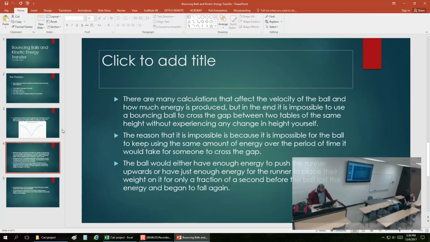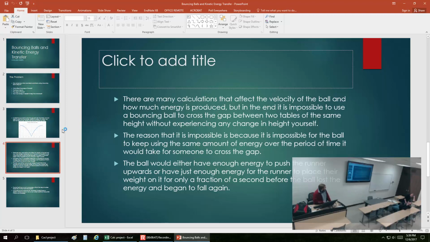Here's my explanation: the reason it's impossible is that the ball cannot keep the same amount of energy pressed up against the person for any amount of time after the person has touched the ball. It immediately loses that energy and starts to fall.